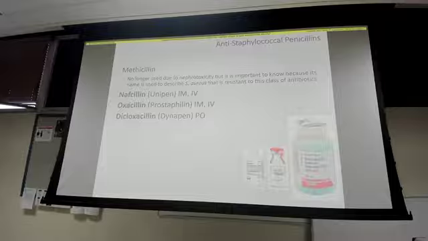When you look at methicillin, it was a drug that we used, but it caused a lot of nephrotoxicity. And that's how we have MRSA, right? Because MRSA was our methicillin resistant. So what we were saying was, MRSA stemmed from us not being able to treat them with any of these anti-staph penicillins.